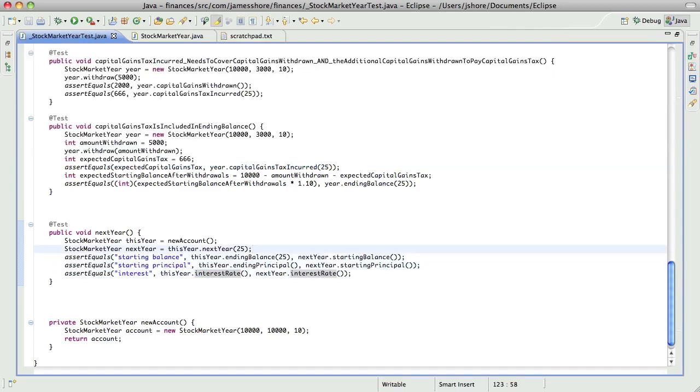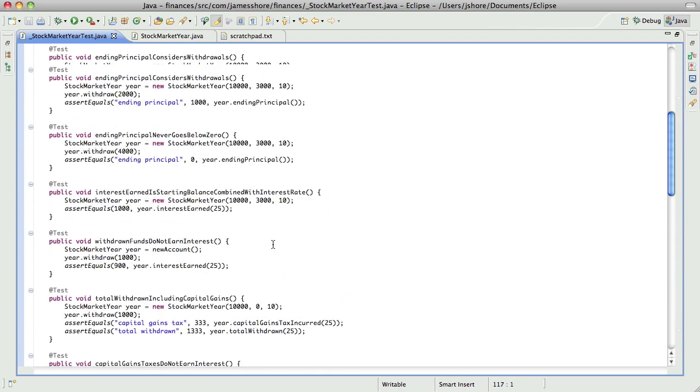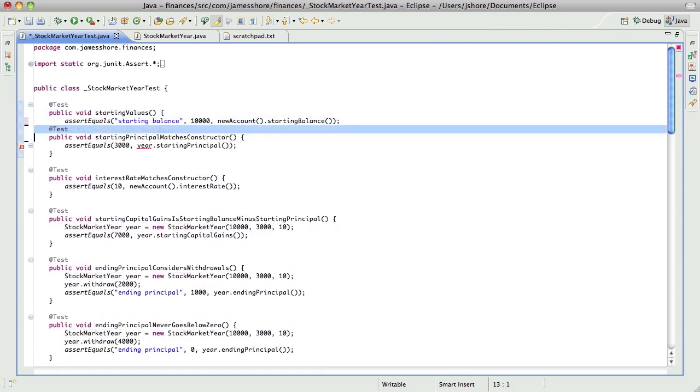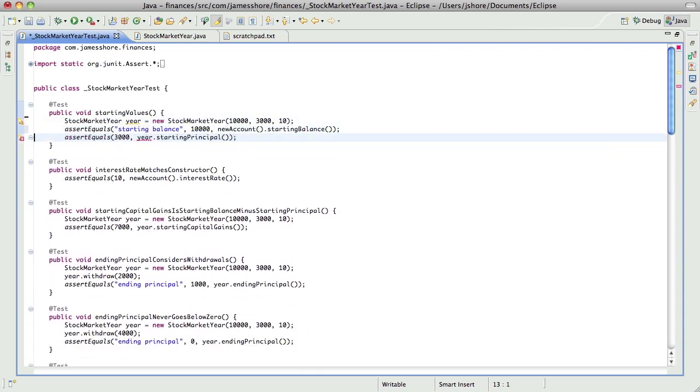One thing we really need to fix is the fact that we're passing in this capital gains tax rate everywhere. Okay, that's that. Let's also take care of our starting values. So starting balance. Start principal.